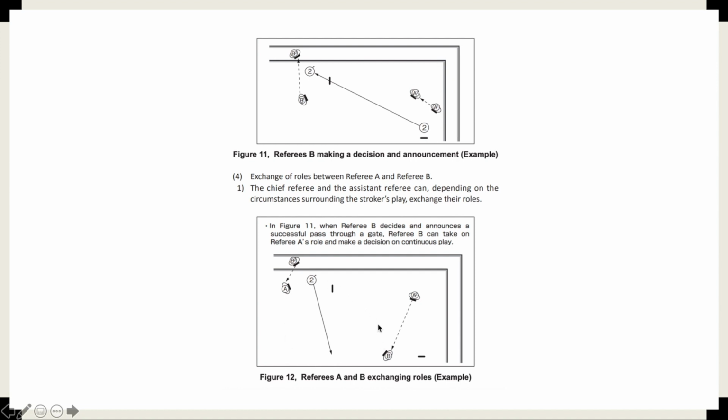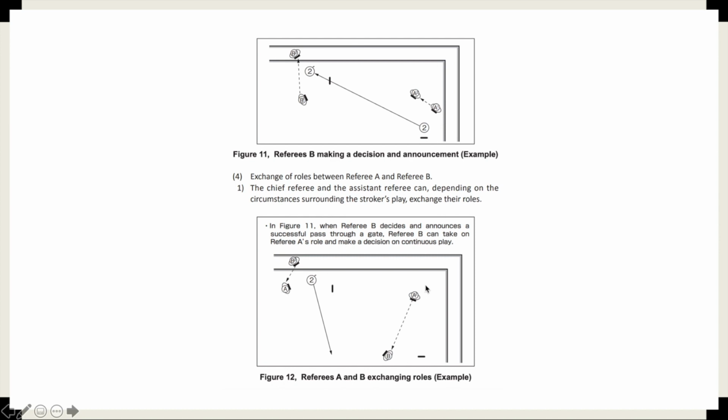So if we go down to figure 12 here, it explains how, after the continuous play has been granted to ball 2 by passing through the second gate, referee B moves from the outer field to the inner field, and we can see B becomes A, because now the referee B in the previous example is the closest referee to adjudicate on the stroking of ball 2.